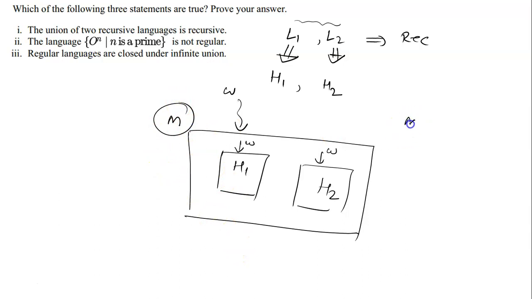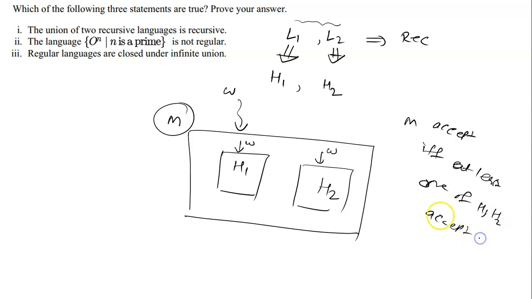So what we can say is that M will accept if and only if at least one of H1, H2 accepts.